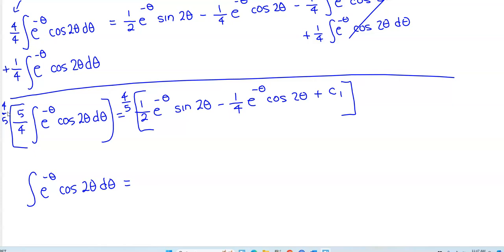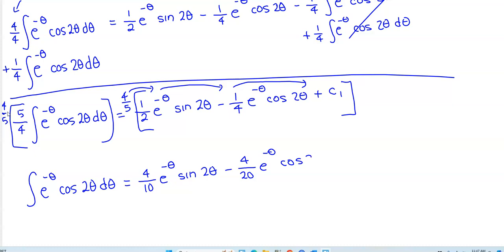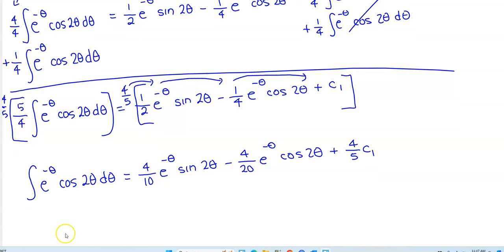And then we're going to multiply each term by 4/5. So we get 4 over 5 times 2, which is 10 e to the negative theta sine of 2 theta minus 4 over 20 e to the negative theta cosine of 2 theta plus 4/5 c1.